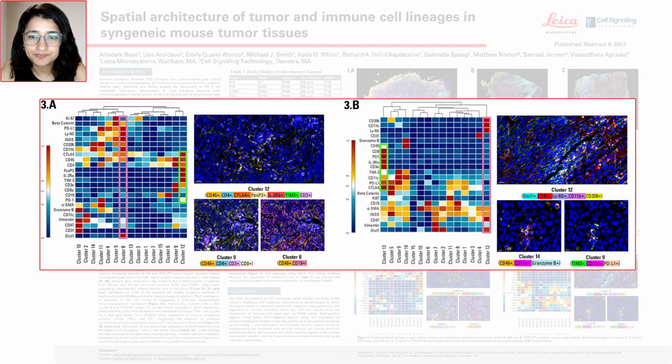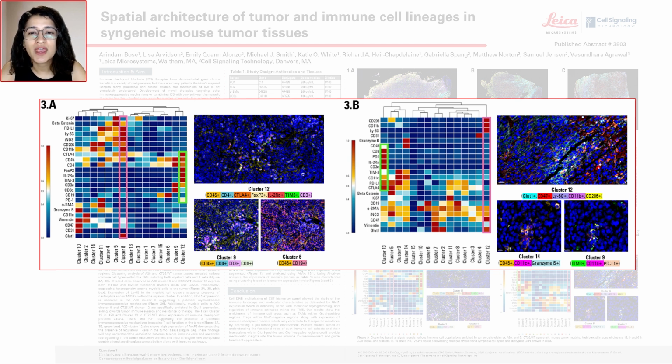Next, in pink, we see myeloid cell clusters showing M1 and M2-like functional markers for macrophages, like iNOS and CD206, respectively. And PDL1 co-expression in these cell types further suggests a myeloid-based immunosuppressive mechanism.